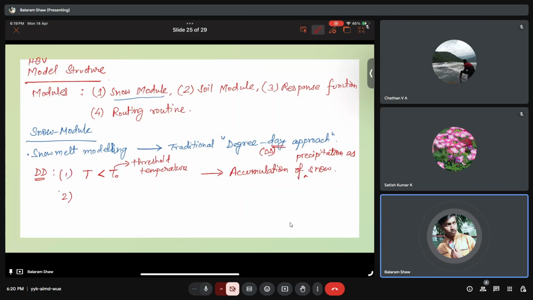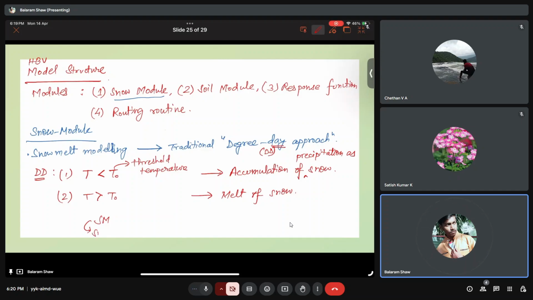Now second is, if the temperature is greater than the threshold temperature, then what will happen? Then melting will happen, right? Melt of snow. Okay, and for this we use a factor. So how do you calculate snow melt?